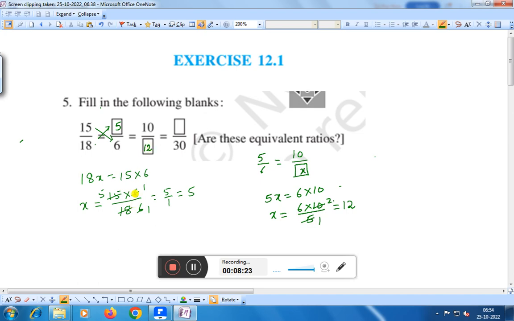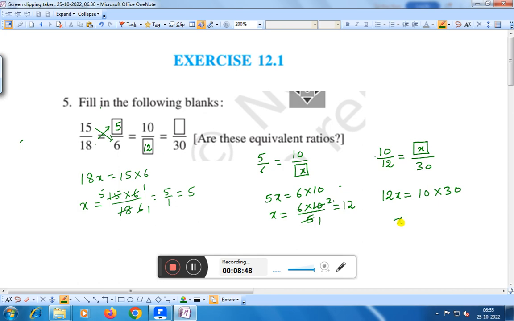Now this one, 10 by 12 is equal to dash by 30. Let us take it as x and cross multiply. That is 12x is equal to 10 into 30.